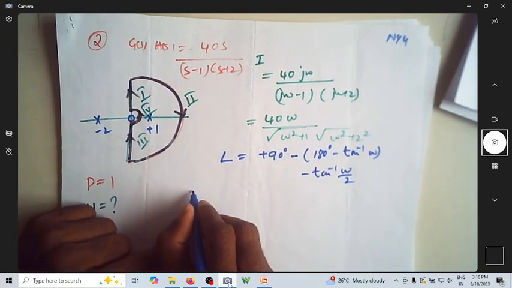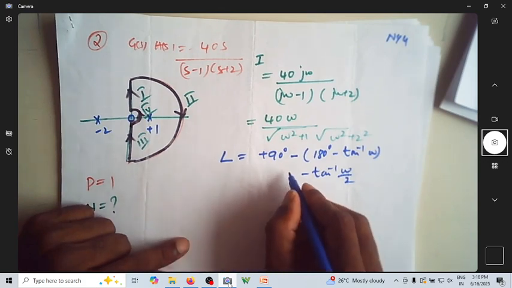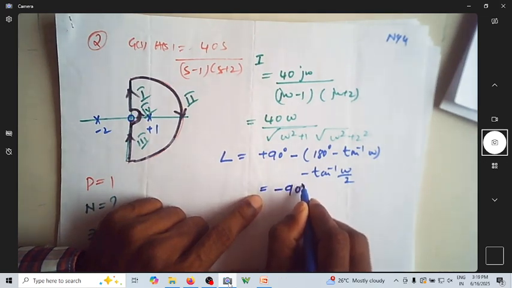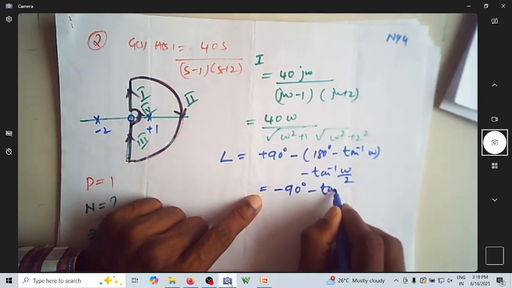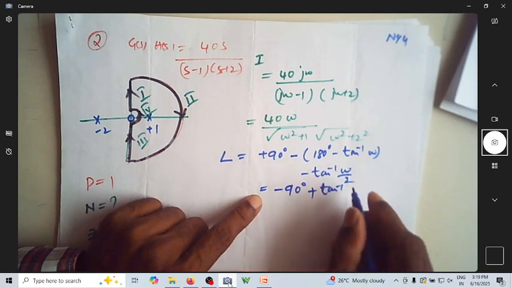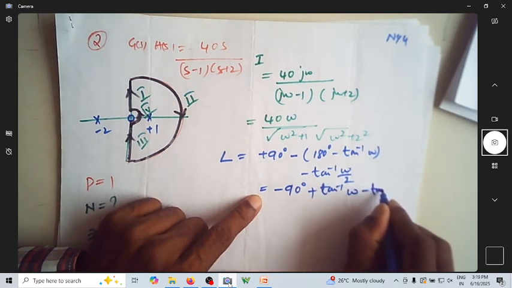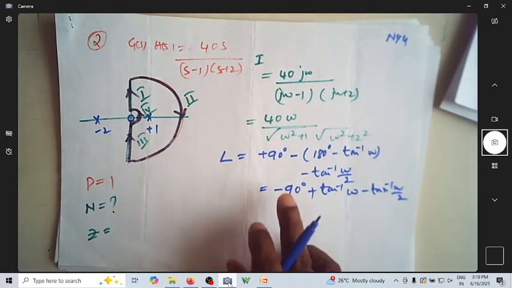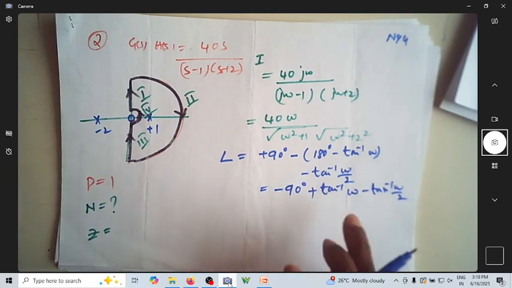How about the variations? This you can further write as minus 90 degrees plus tan inverse of ω minus tan inverse of ω by 2. This is minus, this is plus also.